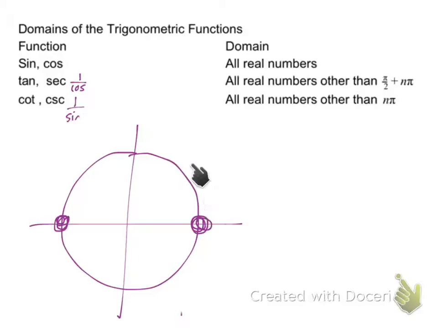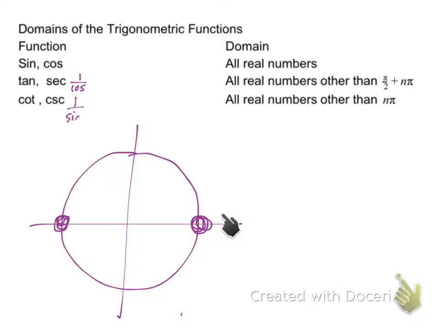But here's the thing, they differ by how much? Pi. So what they did here for this bottom one is said that any n can be any whole number, right? Any integer of n times pi will be a place where sine can't exist. 0 pi is here. 1 pi is here. 2 pi, 3 pi, 4 pi.